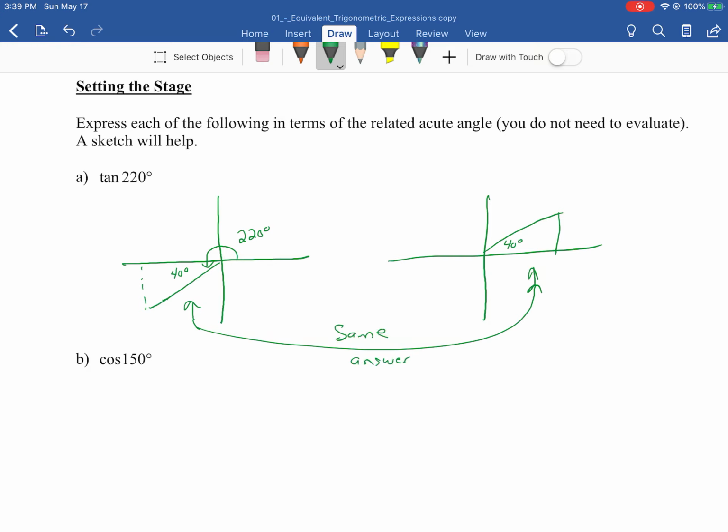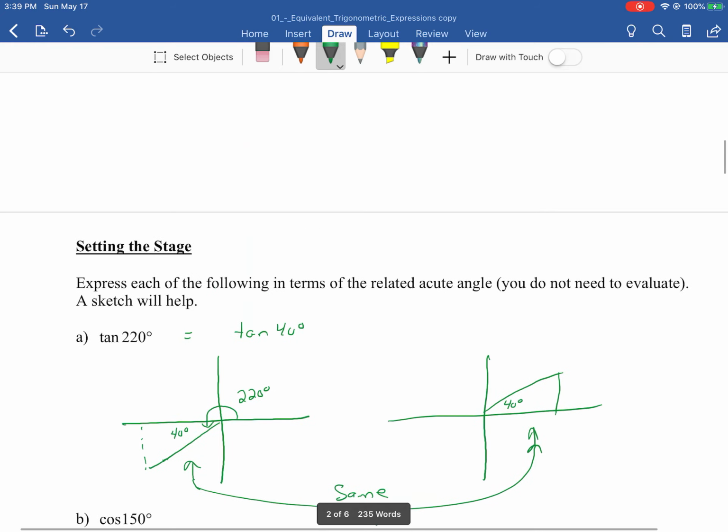Same answer, because they both give the same triangle. And that's why the related acute angle is so important. A 220 angle will give a 40-degree angle in the triangle, and a 40-degree angle will give a 40-degree angle in the triangle. So tan of 220 equals tan of 40.